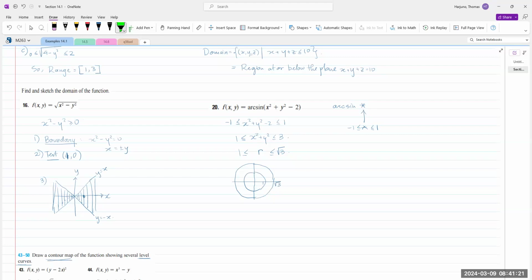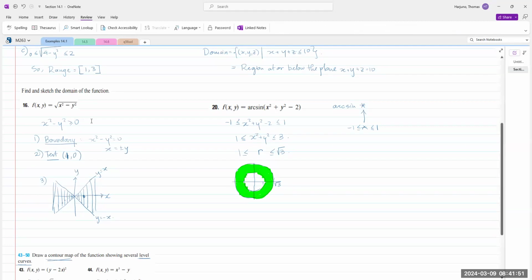Let me use another color. So this will be this region here. Okay, that's for number 20.